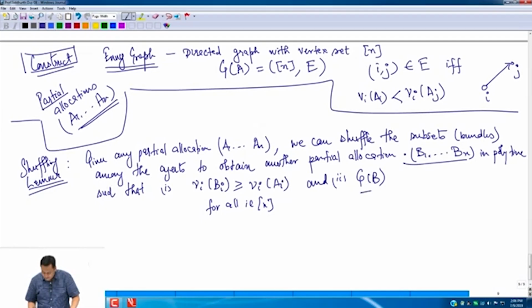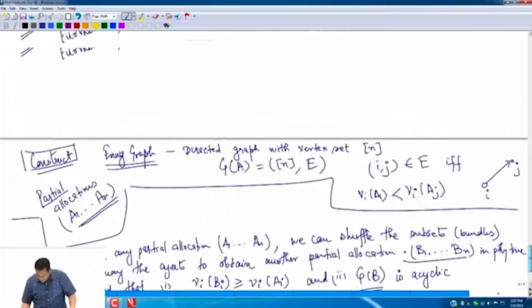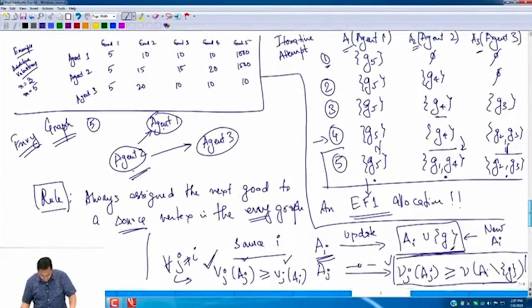This says that if I look at the NV graph with respect to this, then it is in fact acyclic. And that's the crucial aspect of this construction. So the proof of the lemma is actually, let me go up.